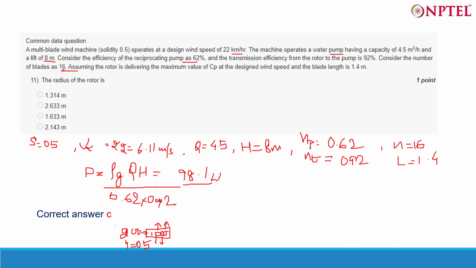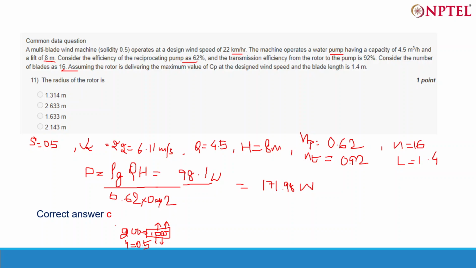So you will get the required power. 0.98 divided by 0.62 divided by 0.92 comes out to be around 171.9. So this is the power the pump requires.